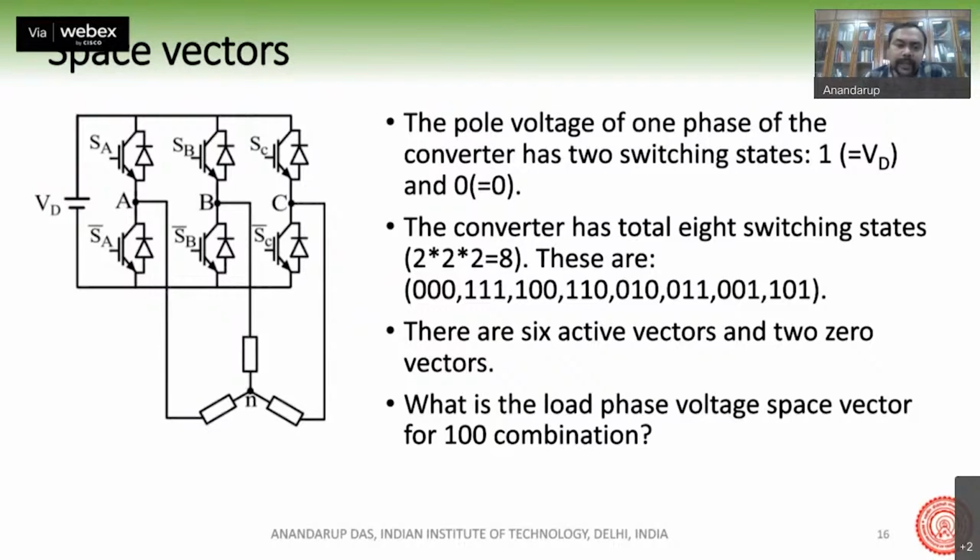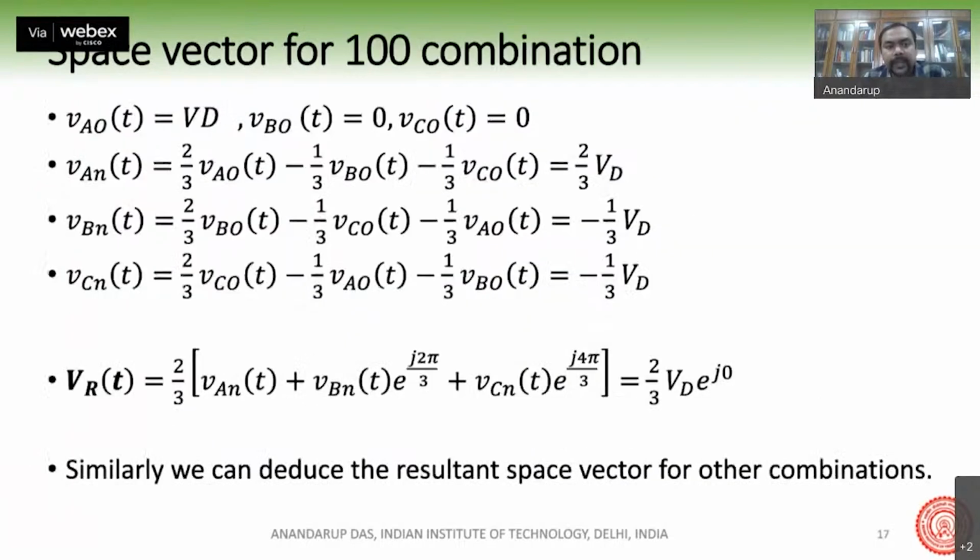Okay, so you can find out how these space vectors will be, how much is its magnitude as well as its angle when we apply these 8 switching states. For one combination, say take a combination of 1 0 0, we can find out the load phase voltage space vector by seeing VANT, VBNT, and VCNT.